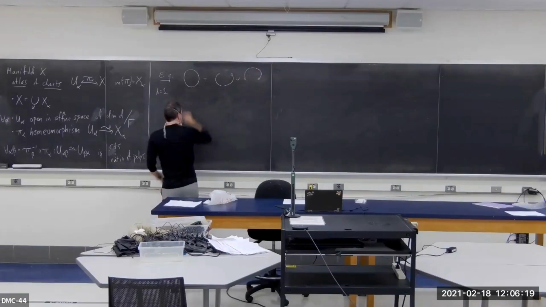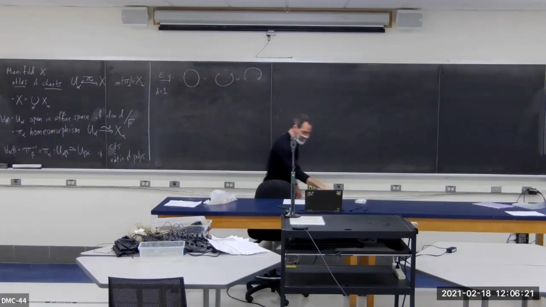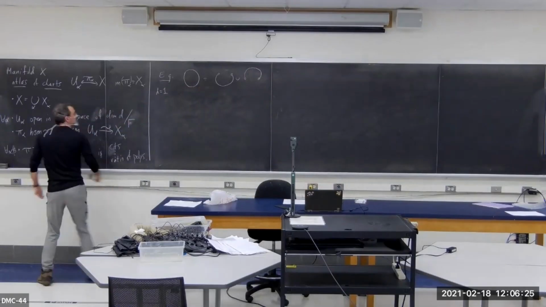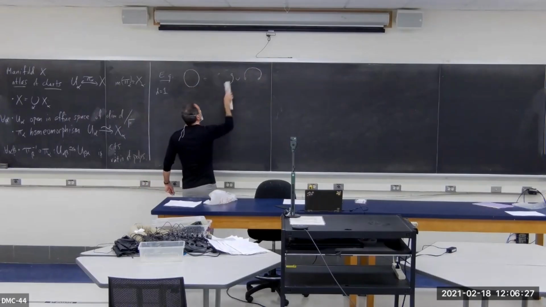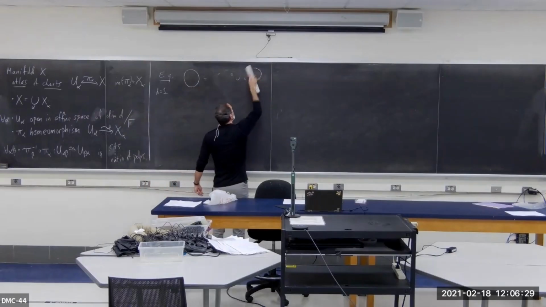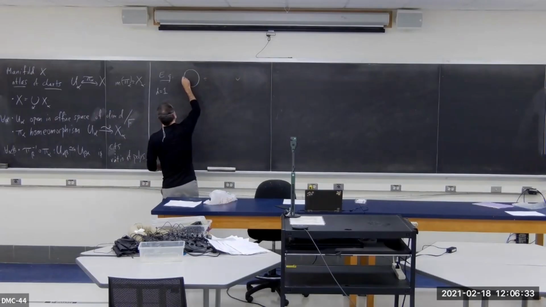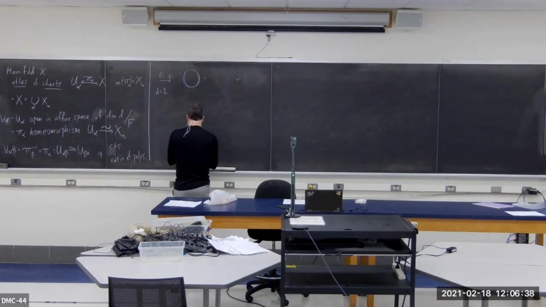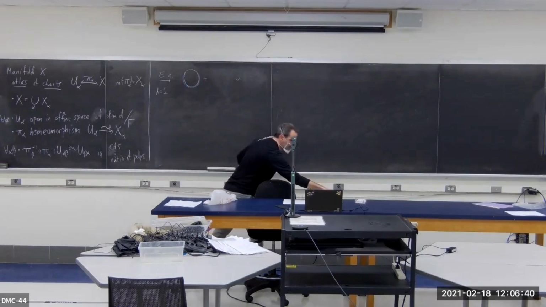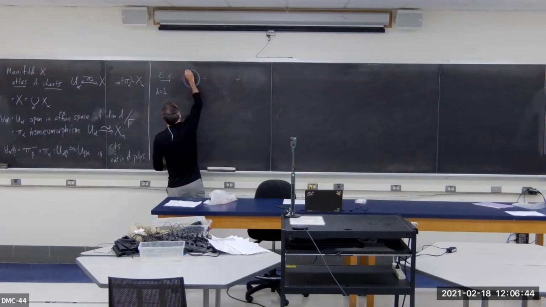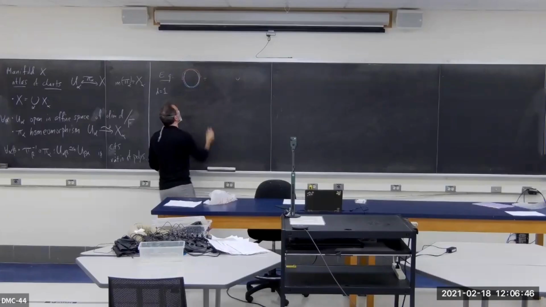So you've got, I suppose I should draw them in blue and red like I did last time. You've got this bit, like this, and you've got this bit like this, right?